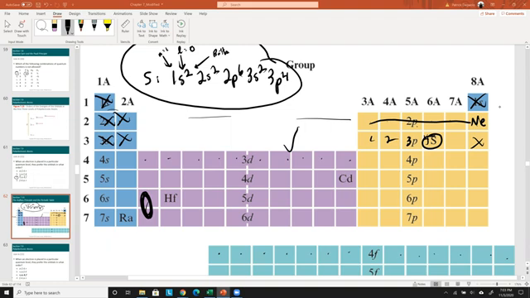Let's talk about total electrons. The element sulfur has 16 electrons. The reason why I know that is because the atomic number is 16. Got it, right? So I have 16 protons, 16 electrons.